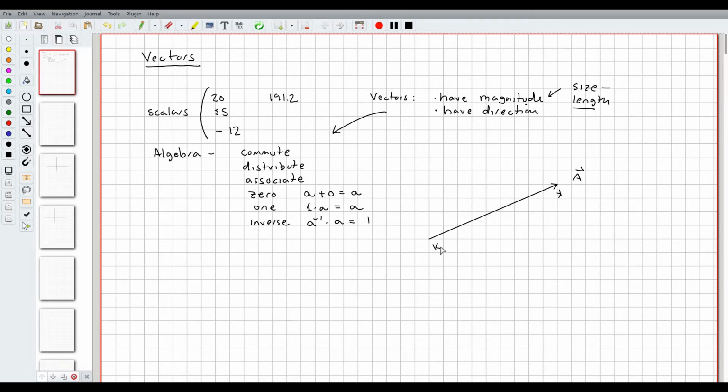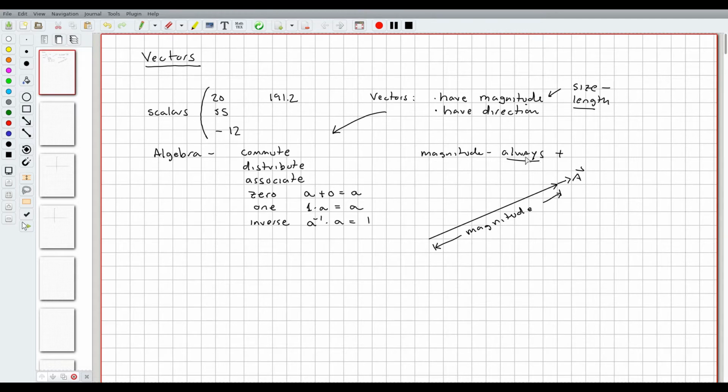And because of that, the magnitude of a vector is always positive. So one thing you can remember, the magnitude of a vector is always positive. So this right here would be the magnitude, its length. Now the direction that the vector is pointing is the direction.